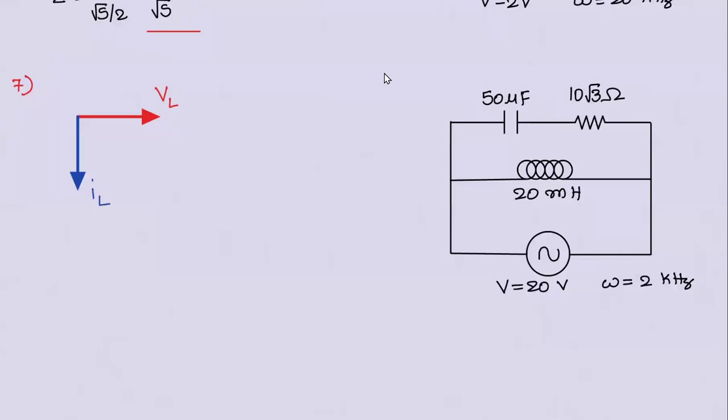This is not a problem. But here comes the problem. Check it. In this case, first we need to go through the series combination. In series combination, what happens? Current will remain the same. I'll take the current in this as I1. Okay. Current in this is I1 I'll take.